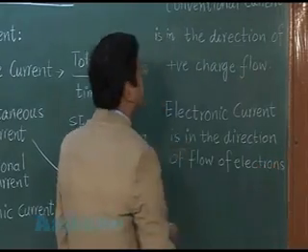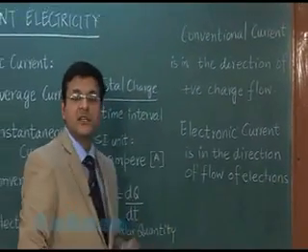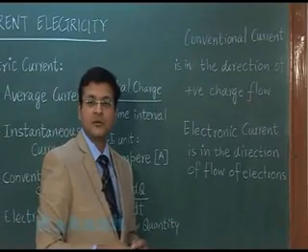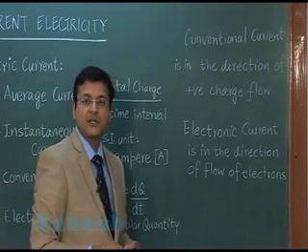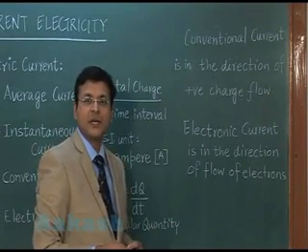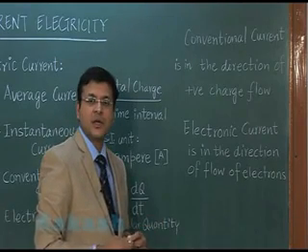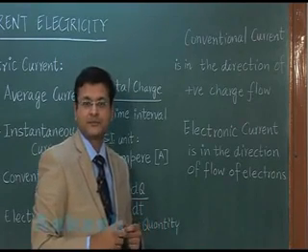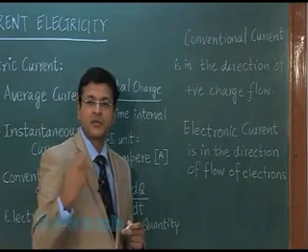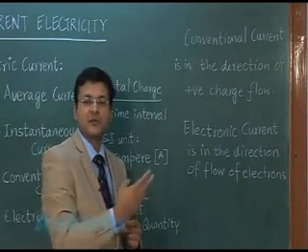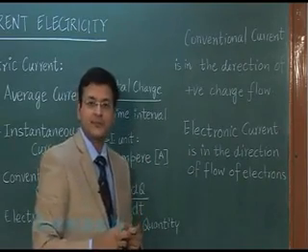You understand? Conventional current is in the direction of positive charge flow, and electronic current is in the direction of negative charge flow. So essentially both these currents will be opposite to each other. Let's suppose in a single direction positive is flowing and negative charge is also flowing.